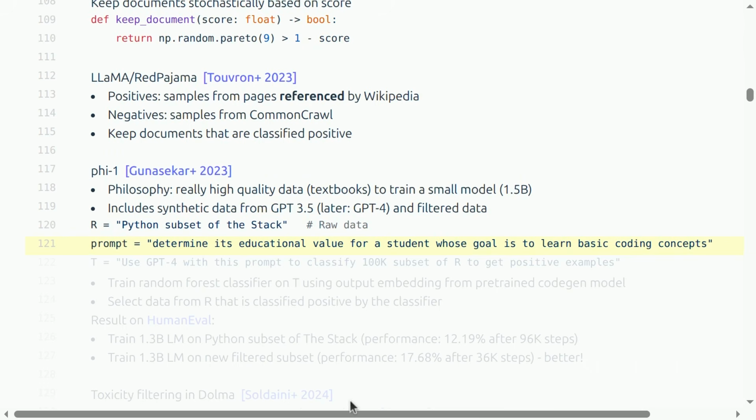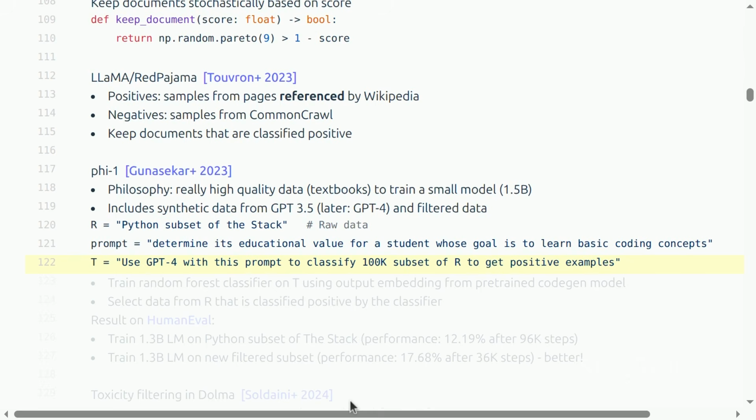They define a prompt, which is to determine its educational value, and then they use GPT-4 to classify a 100K subset of the raw data with this prompt, and the ones that are positive are kept and called the target.